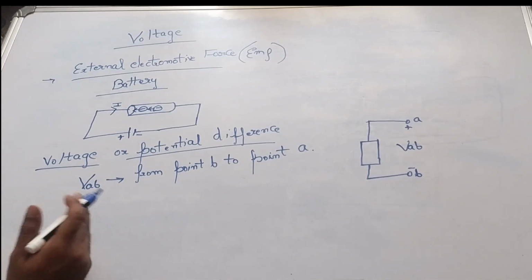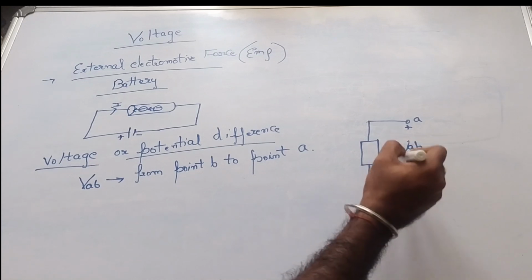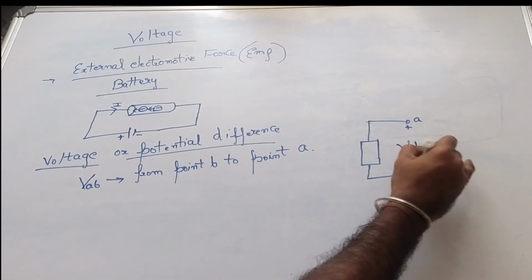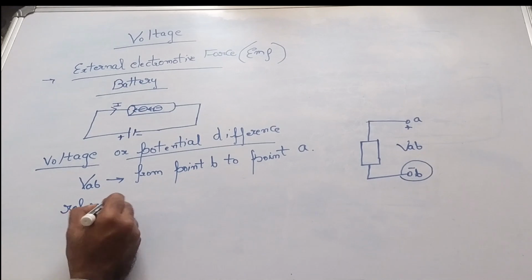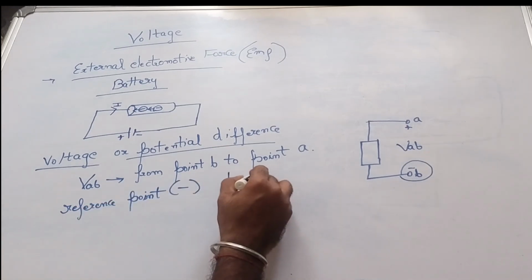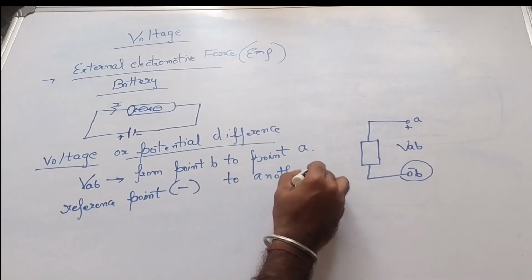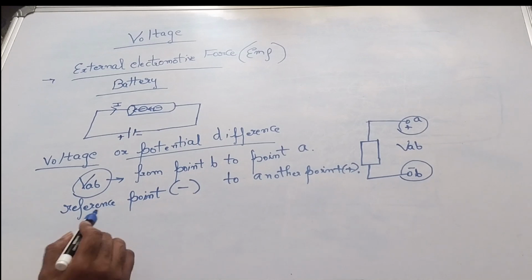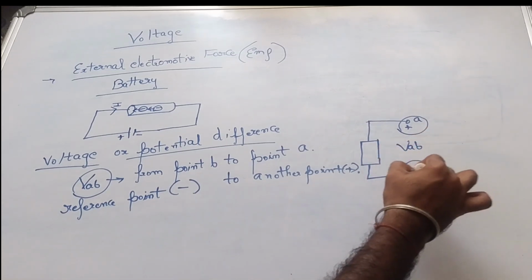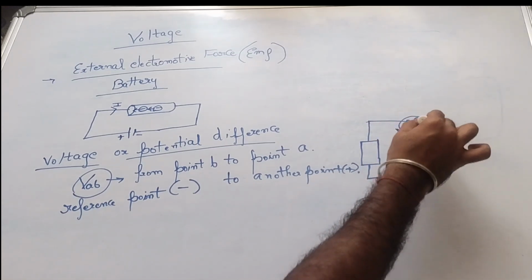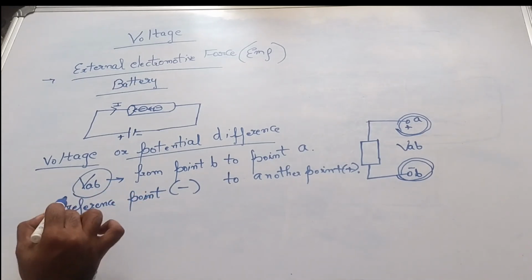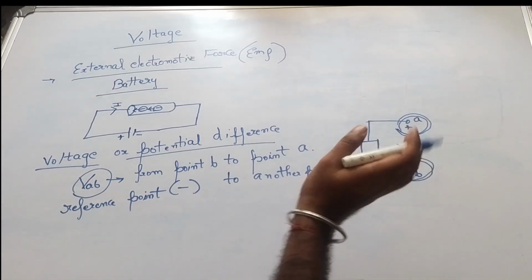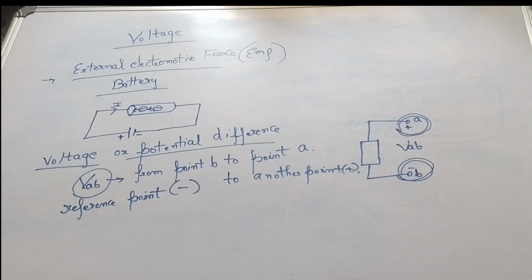By definition, voltage or potential difference is the energy required to move a charge from a reference point, denoted by a minus sign, to another point, positive. VAB can be defined like this: it is the energy or work needed to move a charge from point B to another point A. Here, the plus or minus sign is used to define the reference direction of voltage polarity.